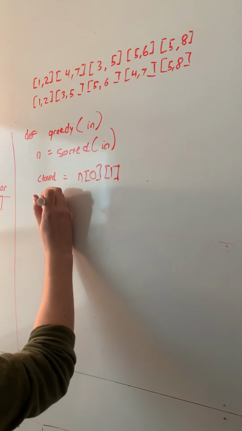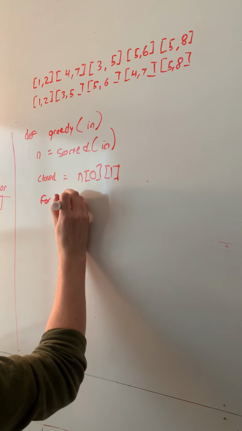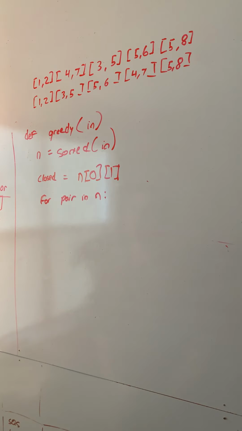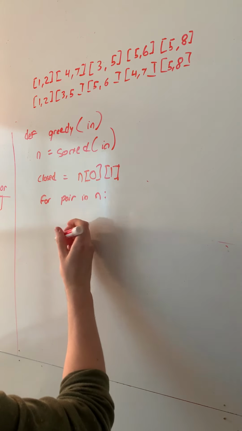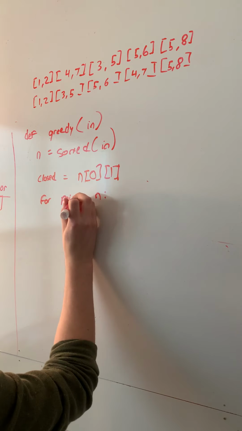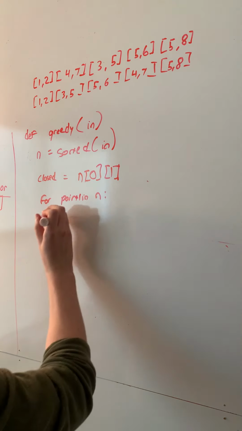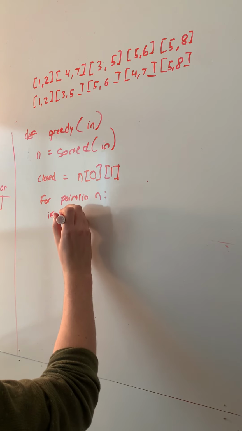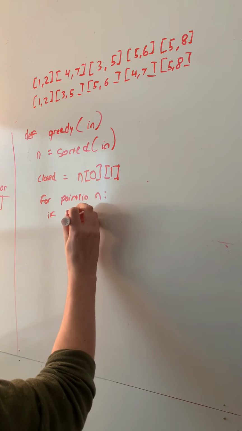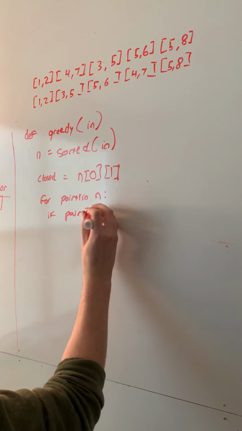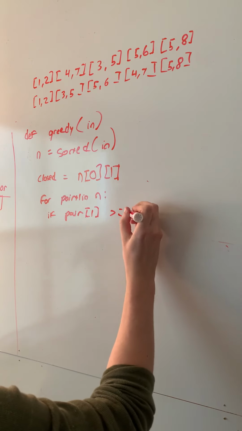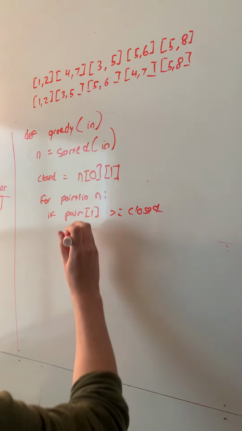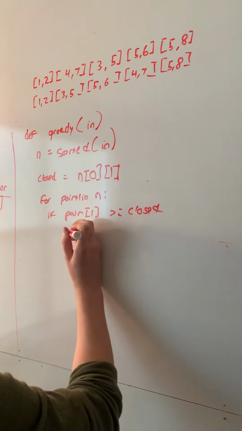And then from this point on, we iterate over all of the remaining, and we check from 1 past the first. If the pair's start is greater than or equal to our previous closed, then we can extend our interval here, or we know that it's acceptable and not overlapping.